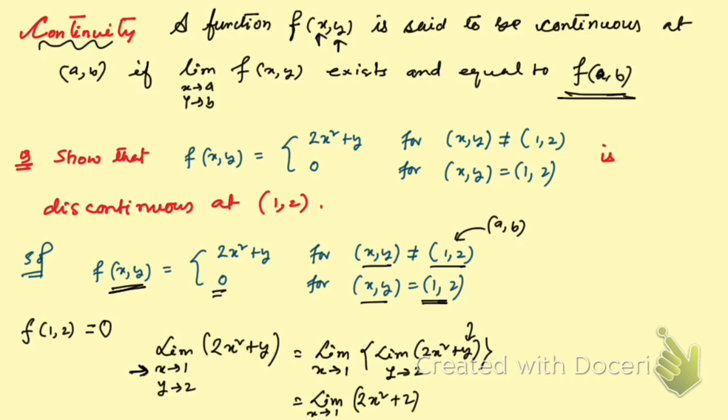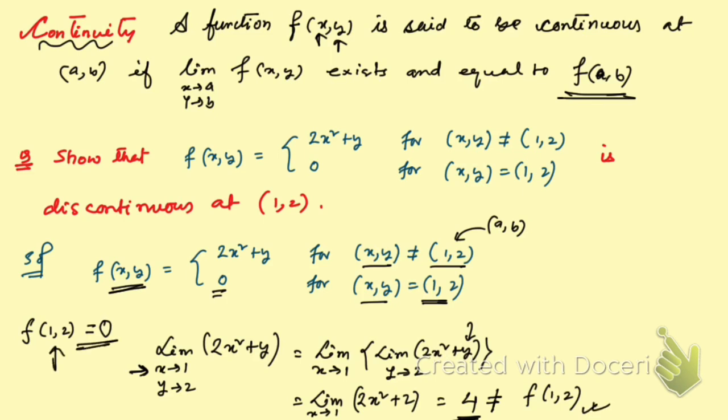Then put x equal to 1: 1 square into 2 is 2, 2 plus 2 is 4. That's what we have got. Now you see, this is not equal to f of (1, 2). The limit exists, we are getting 4, but it is not equal to f of (1, 2), because that is equal to 0.